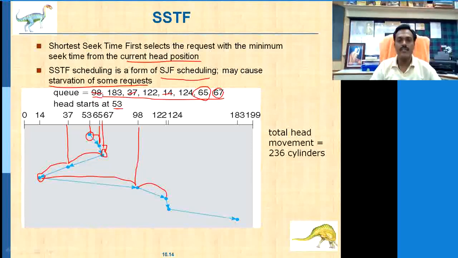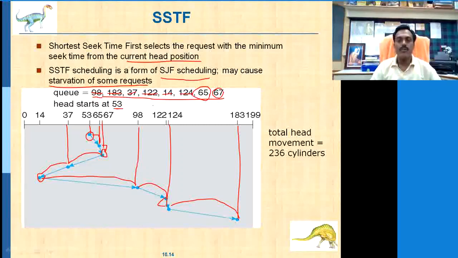Service is provided to 98. Now it goes to 124. See here, it is 124. Then from 124, it goes to 183. Now 124 is accessed, 183 is accessed. So data from all the cylinders is transferred.